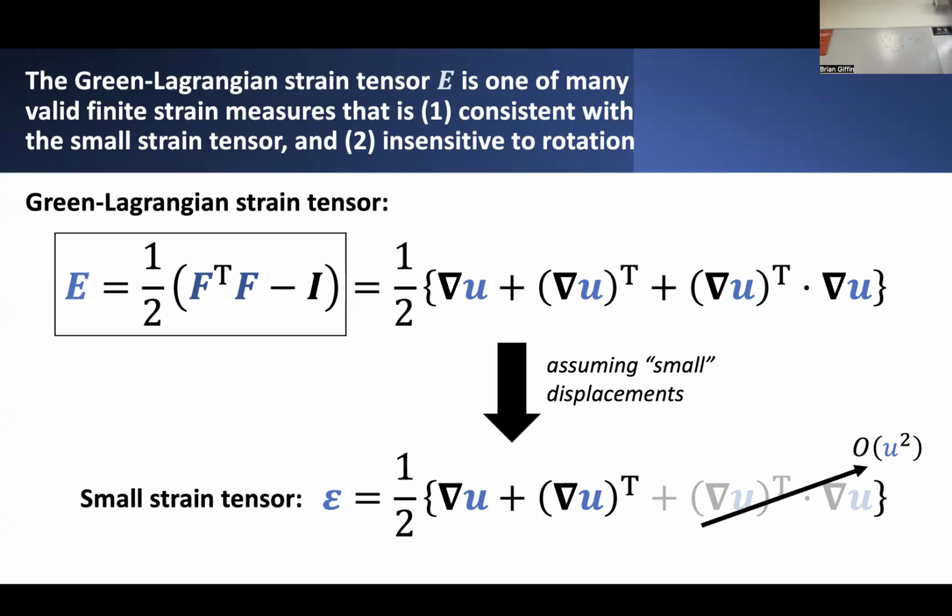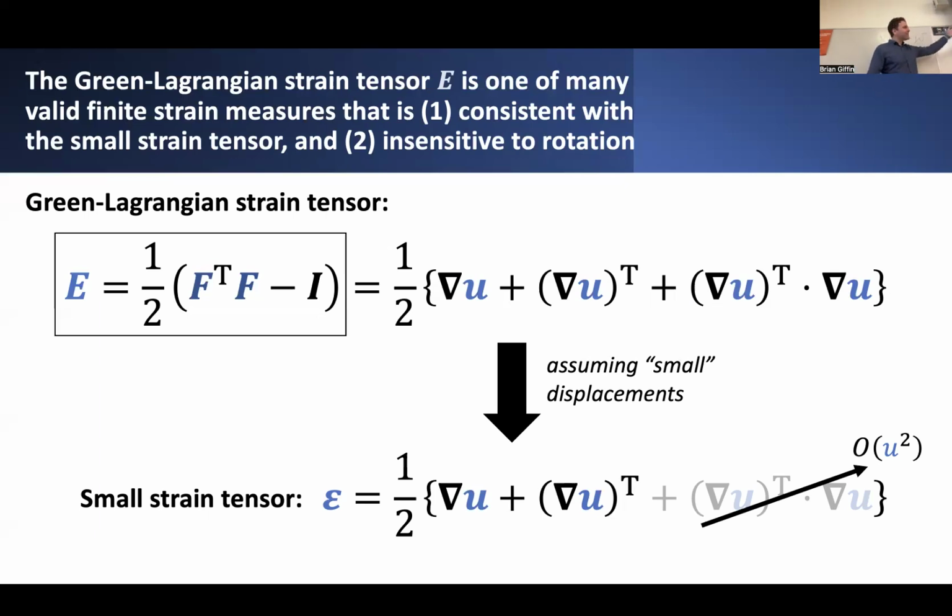Certainly, we have this leading term, grad U plus grad U transpose. That's the part that is precisely the small strain tensor. But we have this extra term, this grad U transpose dotted with itself. Effectively, this extra term introduces precisely this degree of nonlinearity in characterizing strain.